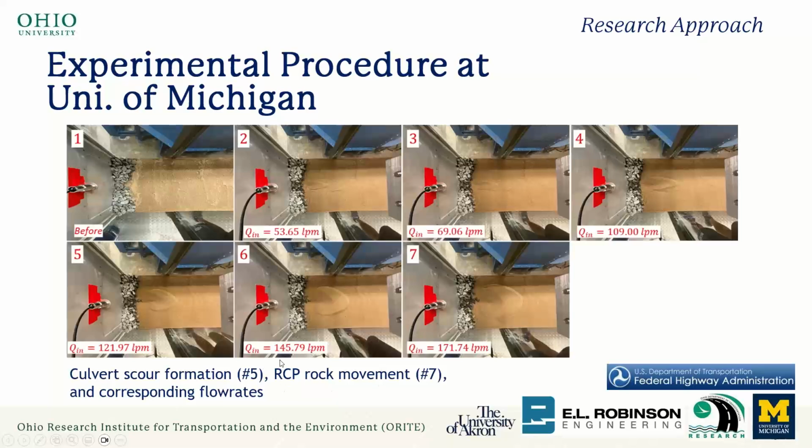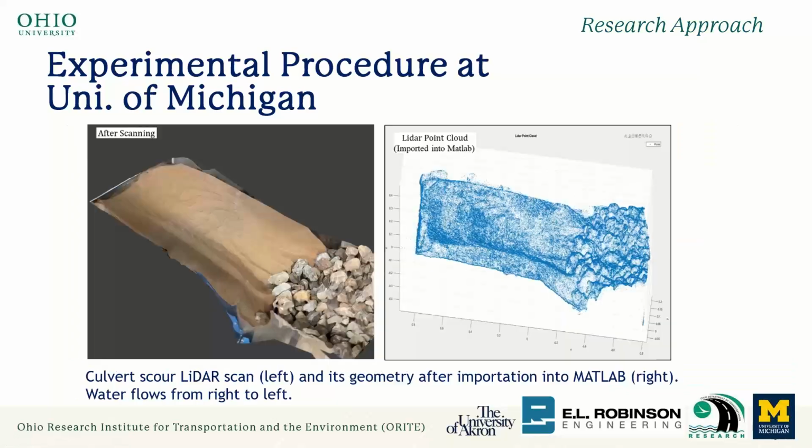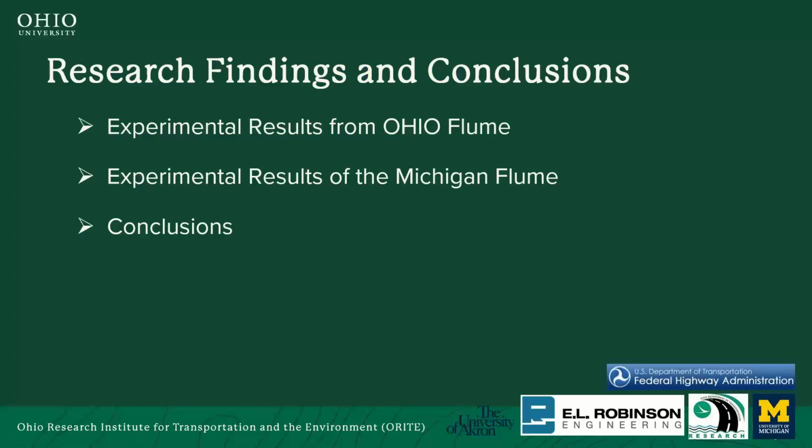So those are V1, V2, V3 for each of those experiments. Okay, so this is the LiDAR scan from the flume. And for both sides we also import into MATLAB in this case, so we can do some further studies if needed.